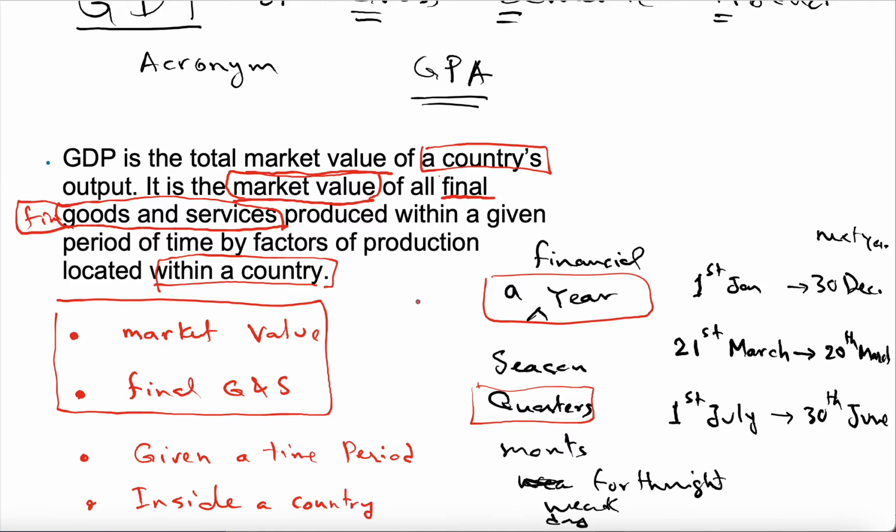So it's a measure of performance of the economy given a period of time. Without a period of time, we don't know. Is it from the birth of the Christ up to now? No, it is from today till the next year, to the same day, something like that. So that is dealing with the given period of time.